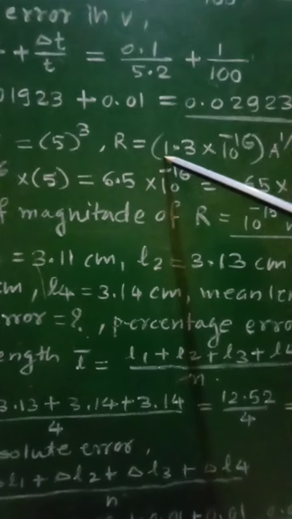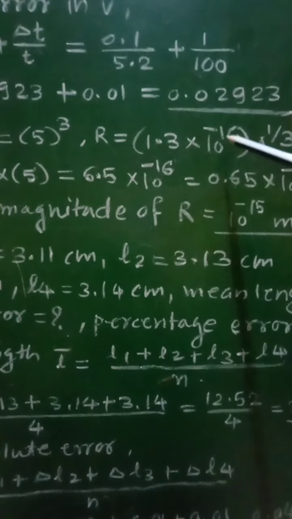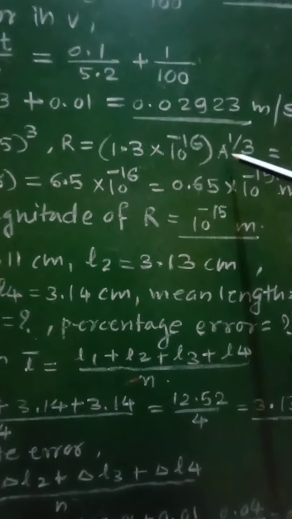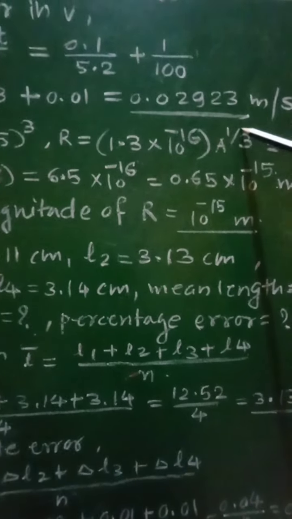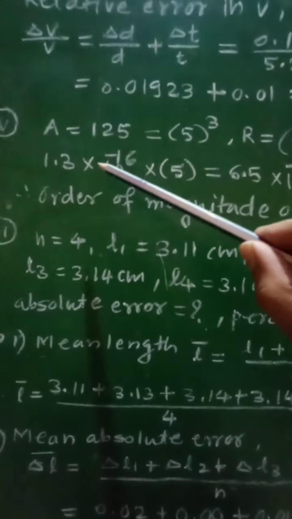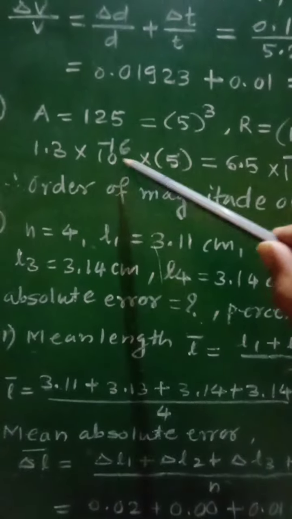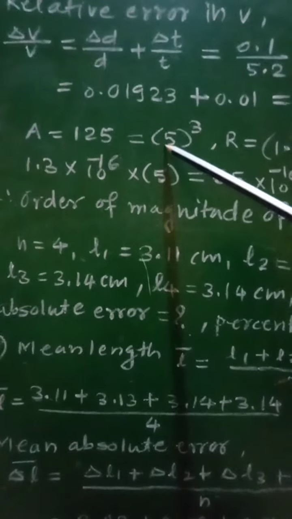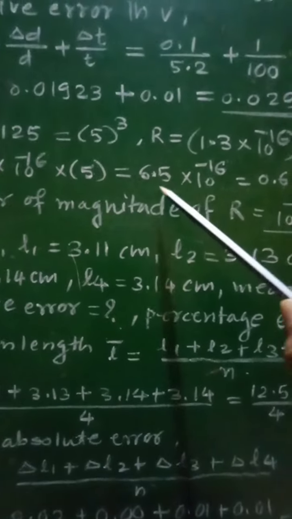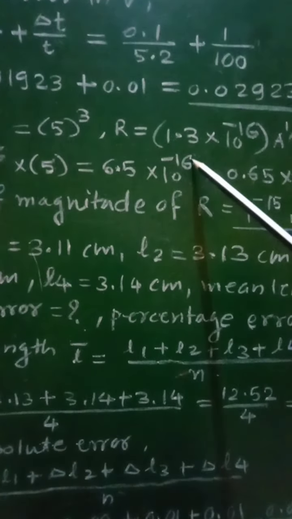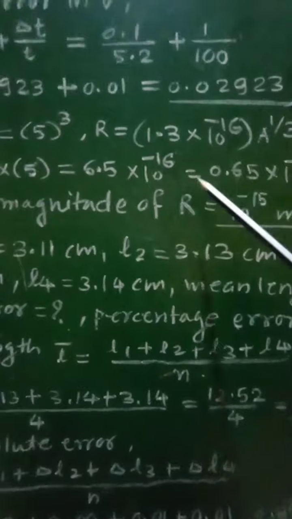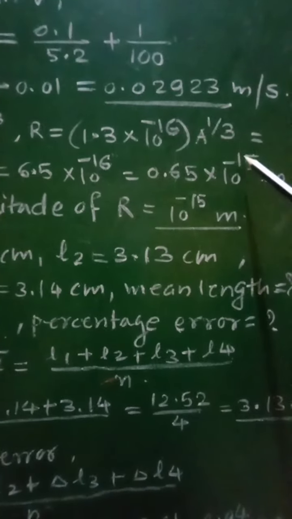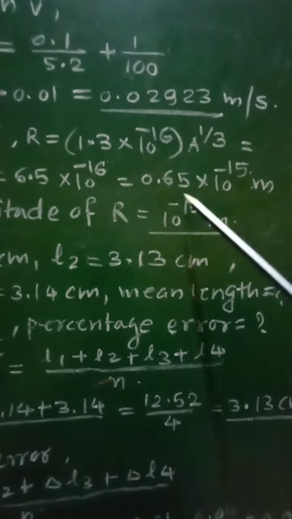Then R will be equal to 1.3 into 10 raised to minus 16 into a raised to 1/3, which will be written as 1.3 into 10 raised to minus 16 into 5, because a raised to 1/3 will be equal to 5, which comes out to be 6.5 into 10 raised to minus 16 or 0.65 into 10 raised to minus 15 meter.